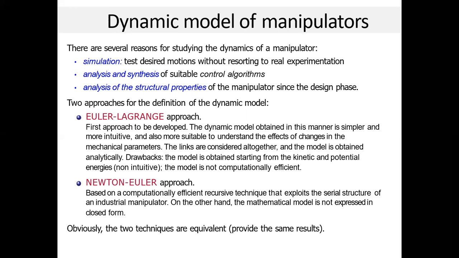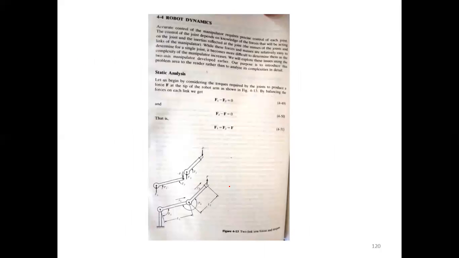This is the second concept, the Newton-Euler approach. First we need to know robot dynamics, that is static analysis. Here we have the same tooling forces on the robot arm, with links L1 and L2, and torque 1 and torque 2 acting on L1 and L2.